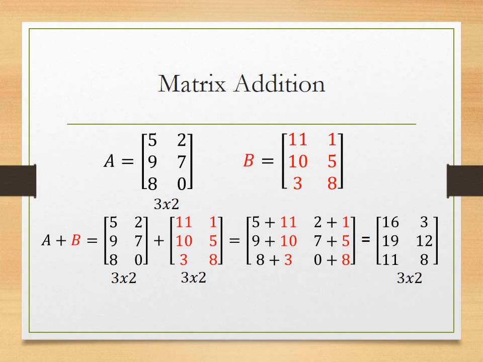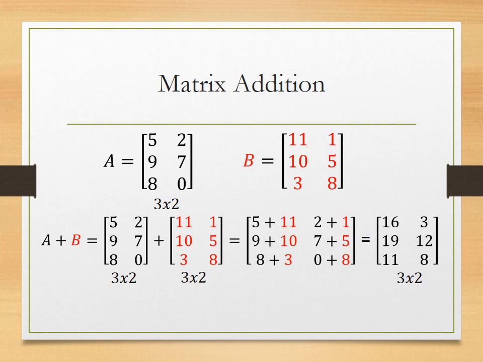Now let's look at an example of matrix addition. We have matrix A right here and matrix B right here. Right away you want to notice that when we add matrix A and matrix B, they need to be the same dimension. Matrix A is a 3 by 2 and matrix B is a 3 by 2. 3 rows, 2 columns.